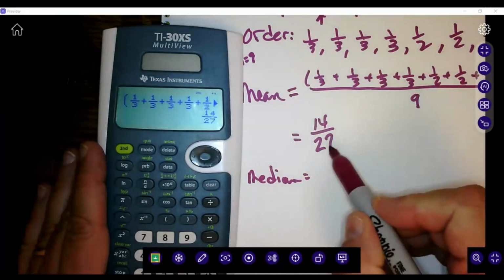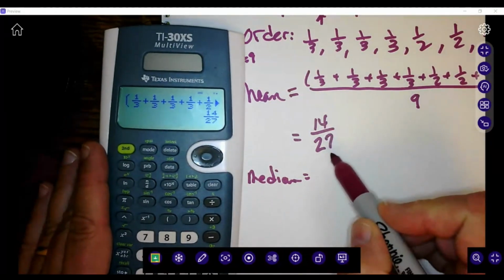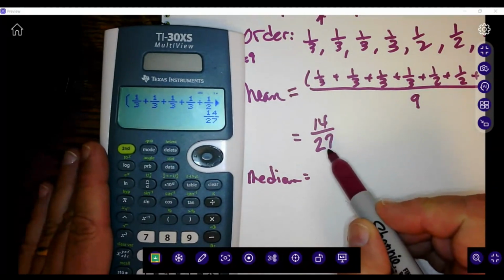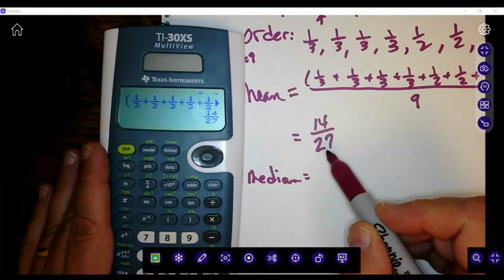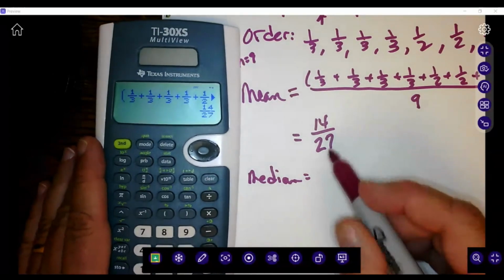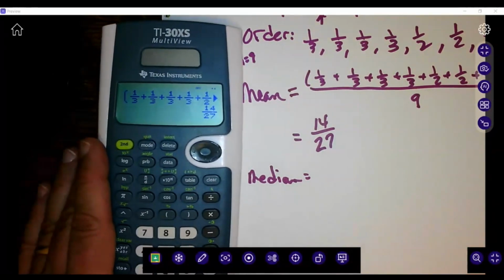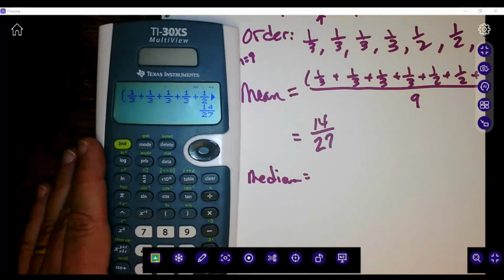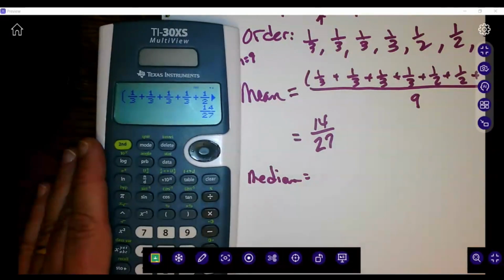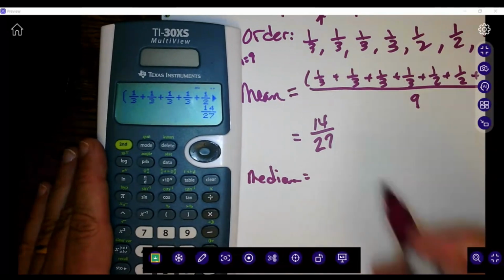No, that's reduced. 7 goes into 14, but 7 does not go into 27. It'd be 7 times 4 be 28. Calculator doesn't make a mistake. The calculator is always going to be right unless we punch something in wrong. And so that is reduced.